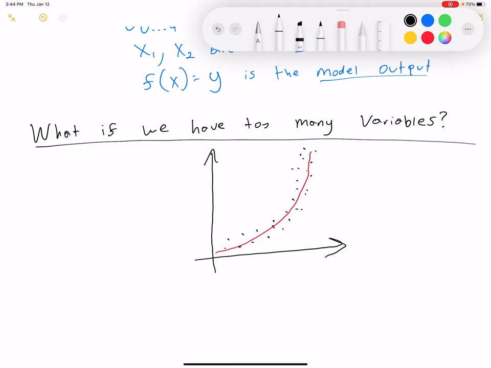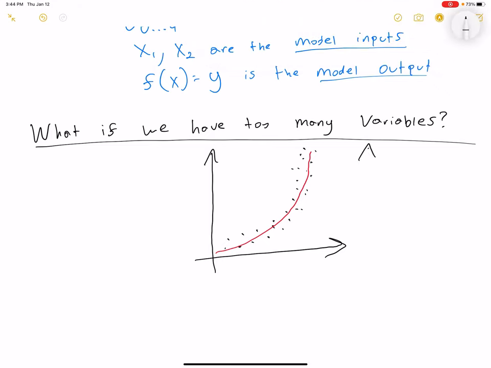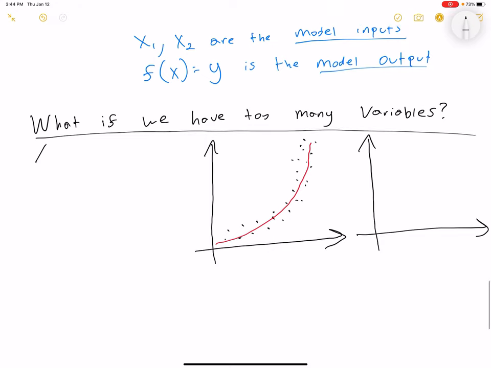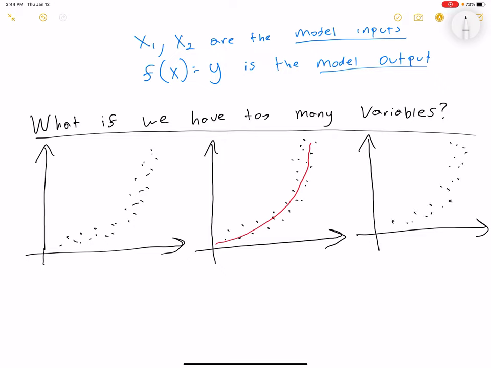But we can get into two different situations that are on two different extremes of what could happen. So for the same data set, I'm going to draw roughly the same data set. It's not going to be exact, of course, but this roughly quadratic relationship.